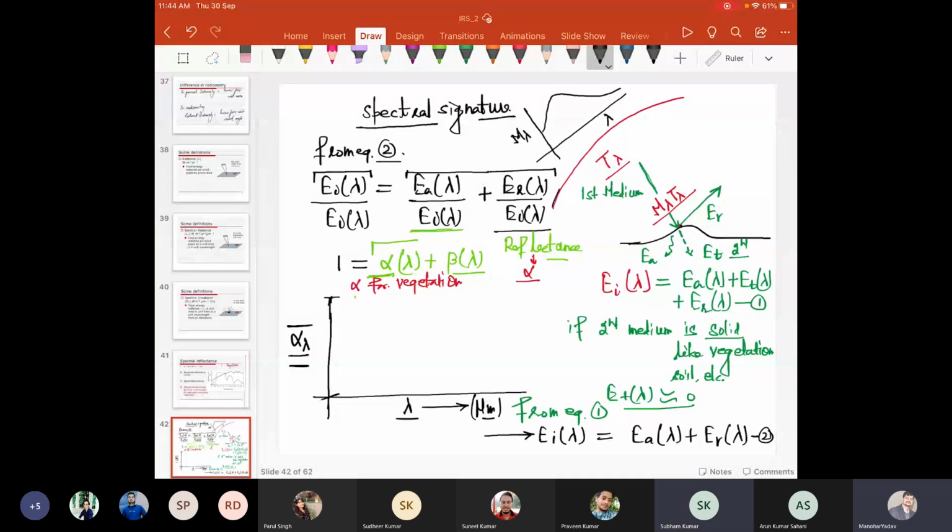When we normalize it, 1 is equal to alpha plus beta. So this equation suggests that. If there is a query to justify, you need to write the first and second equations, this second equation, and this is the third equation. So justification could be done on the basis of these equations.